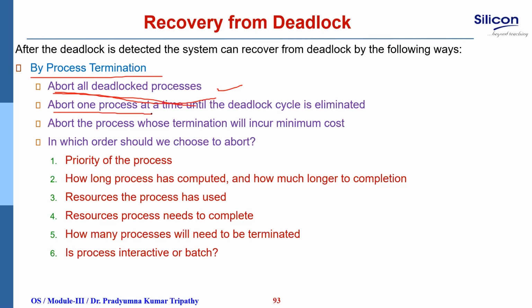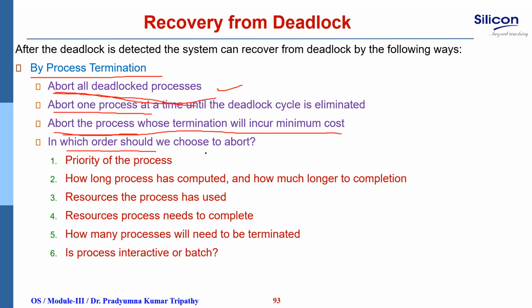Like you go to the task manager and delete one process, then another process, like that. So abort one process at a time. Abort the processes whose termination will incur minimum cost. So I'll select a process which, by terminating it, will have minimum cost, meaning it has taken fewer resources, or less work it has done, so I can terminate it.